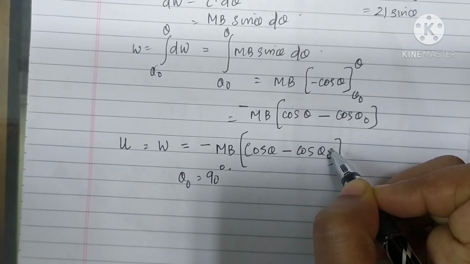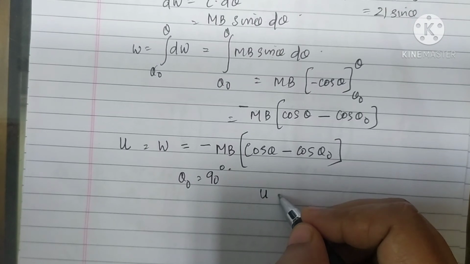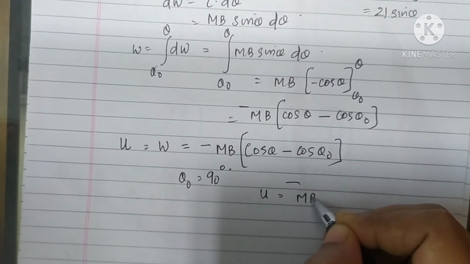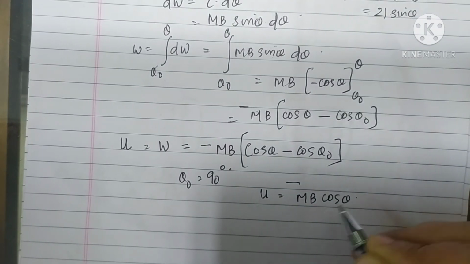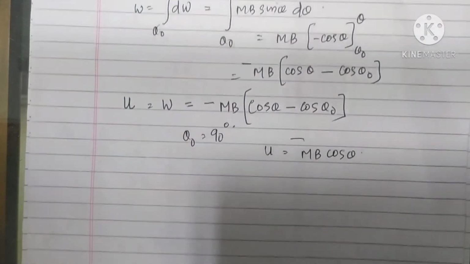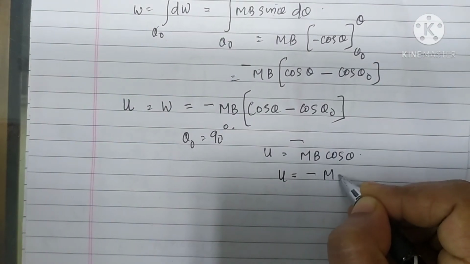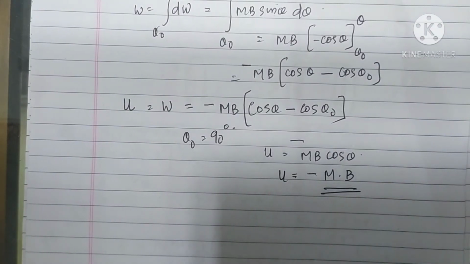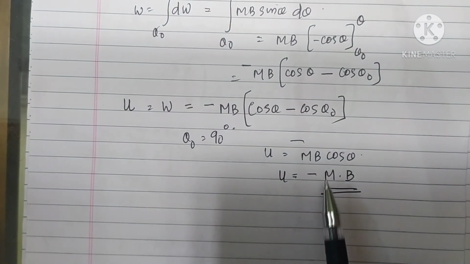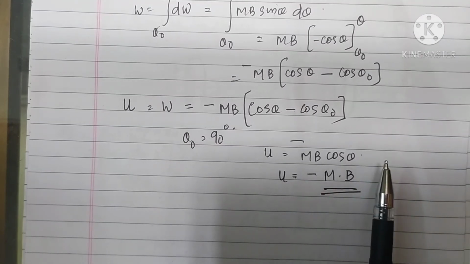So what is the final value? U is equal to minus mB cos theta, or in vector notation, you can express this as U equal to minus m dot B. Clear?